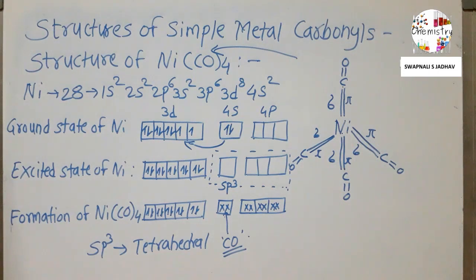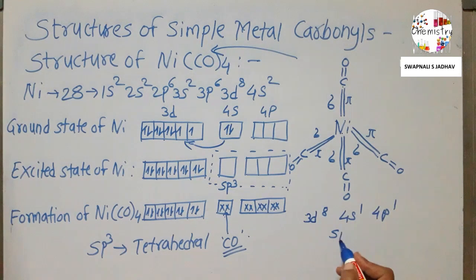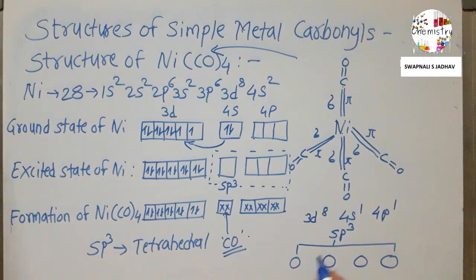According to the recent concept, the outermost electronic configuration of nickel can be written as 3d8 4s1 4p1. So sp3 hybridization takes place with the 4s1 and 4p1 orbitals.